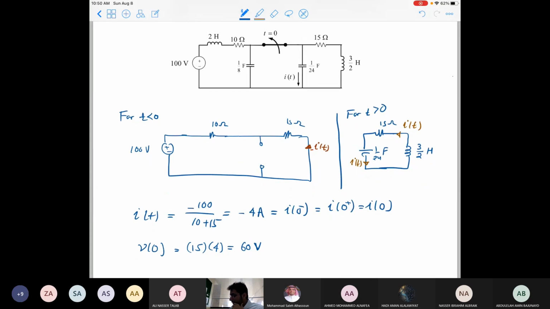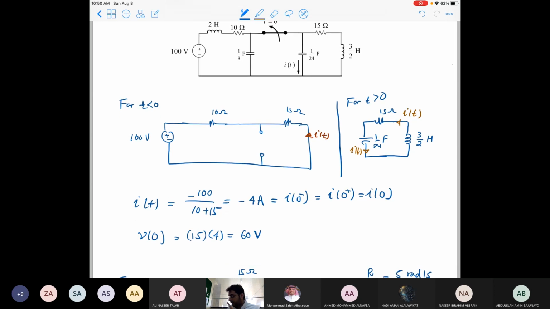What is the initial voltage, or the voltage across the inductor immediately after the switch is open? In order to do that, I need to apply KVL. I know that the voltage V0, or the voltage across the capacitor immediately after the switch is open, is going to be continuous, meaning that it's going to be equal to 60 volts.